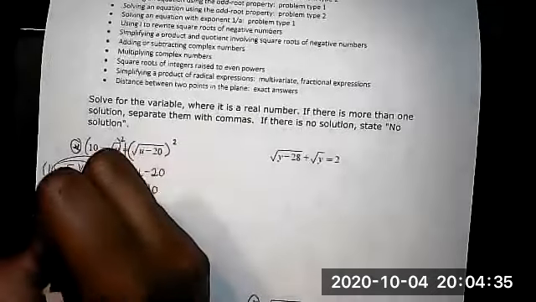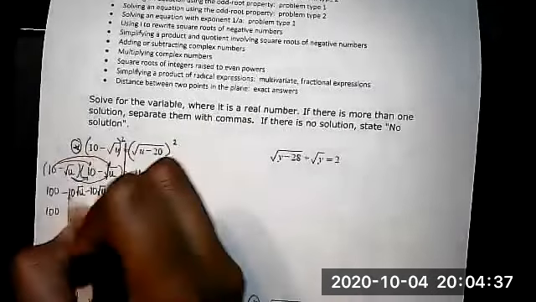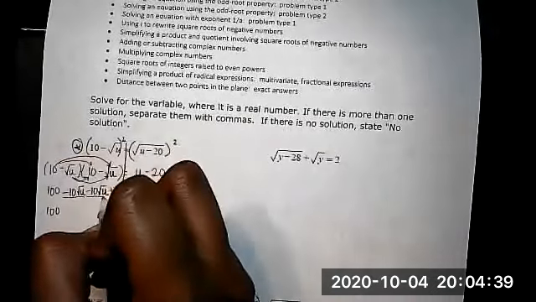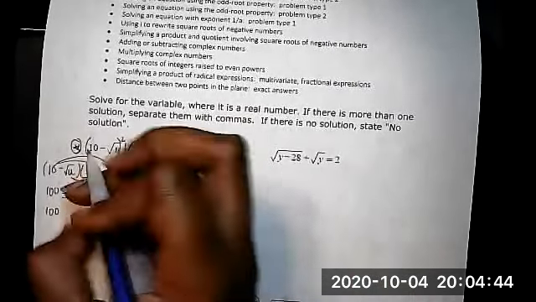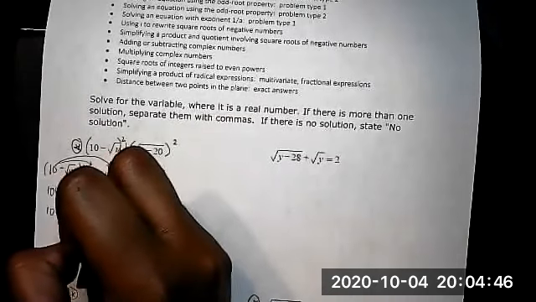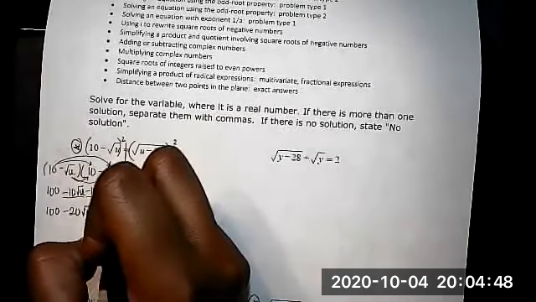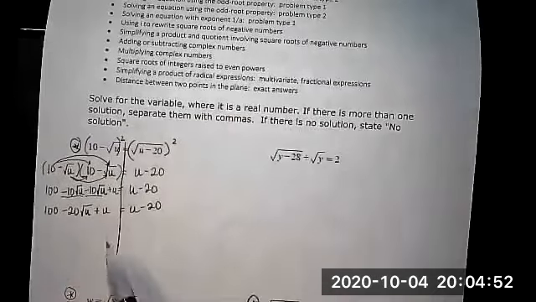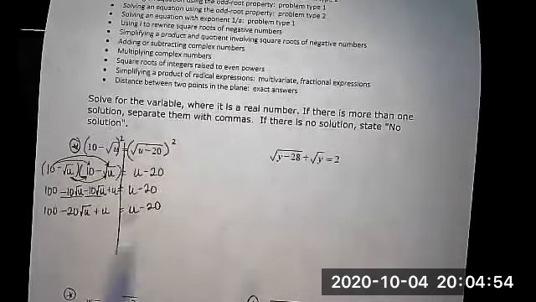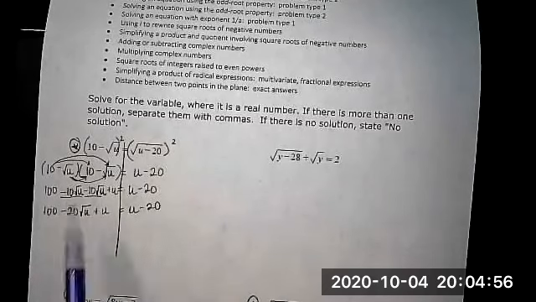All right, so now we have 100, and we're going to combine these two middle terms. They are like terms, negative 10 and negative 10 is negative 20. So negative 20 square root of u, plus u, equals u minus 20. Now, when you get to this step, when you have a square root, what you're trying to do is get the square root by itself again.